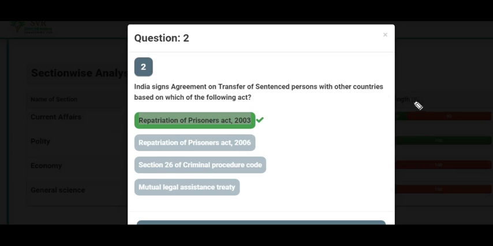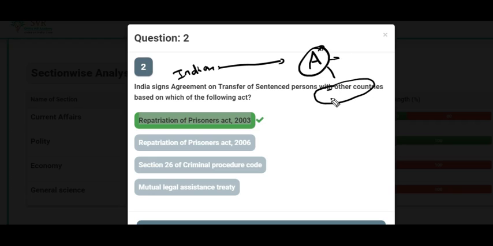How does the act work? Before 2004, there was no law regarding that. For example, if any Indian goes to a foreign country, say country A, and commits a crime there, the person will be punished according to the rules and regulations of country A, and he will be in jail for the term given by the court.